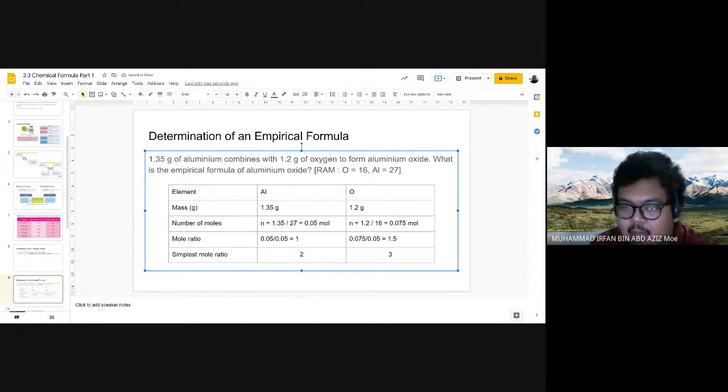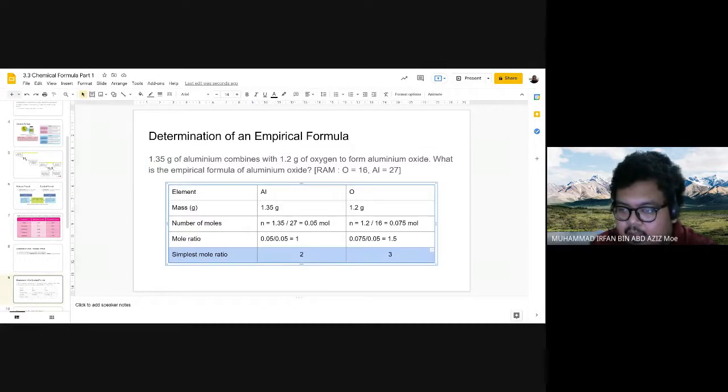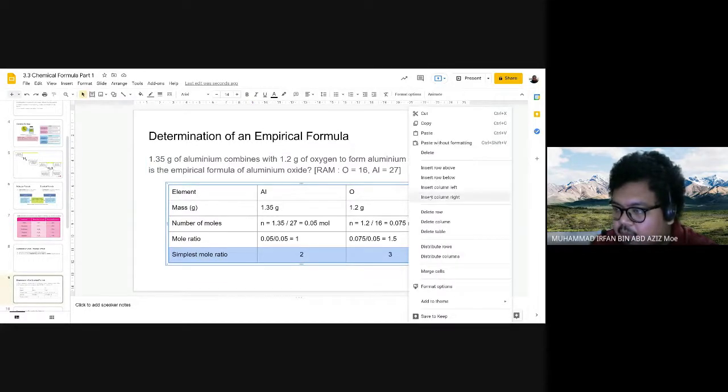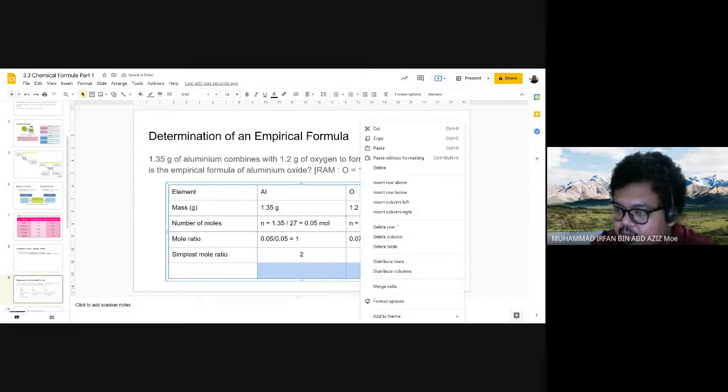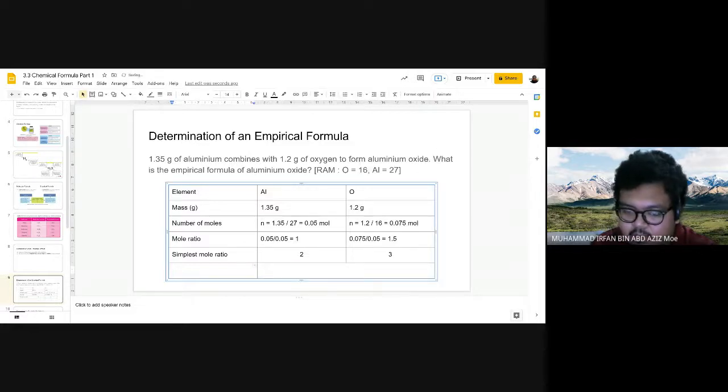So what formula will we get? The formula you will get is Al2O3.